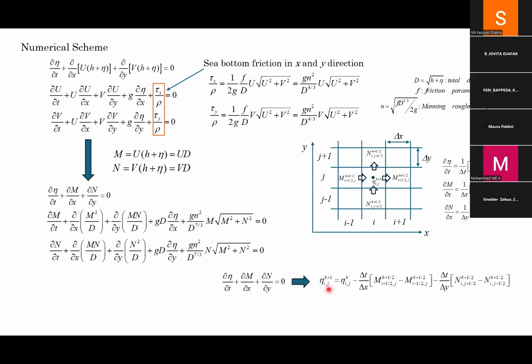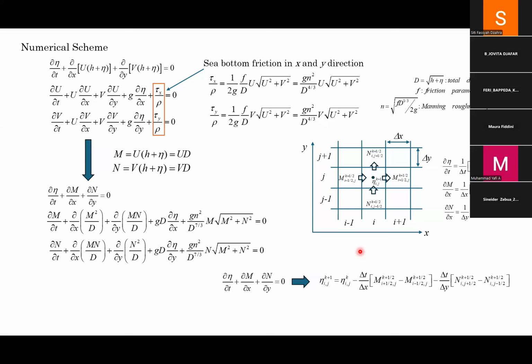I and j identify the location of the cell, and k plus 1 and so on are the time steps. The numerical computation starts from t equals 0, and we try to get the physical values eta, M, and N at each time step.